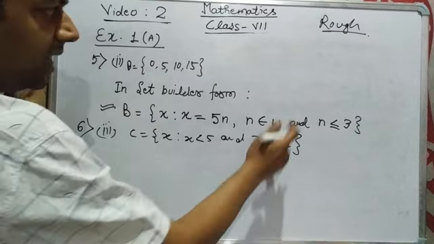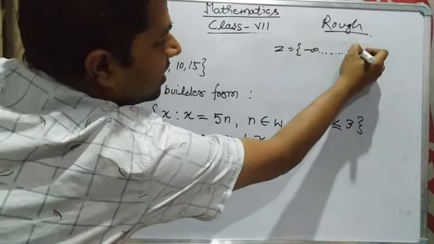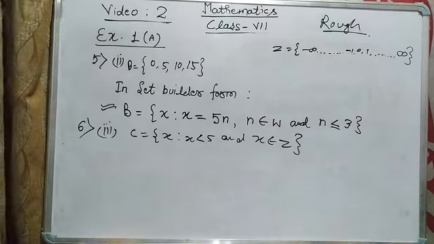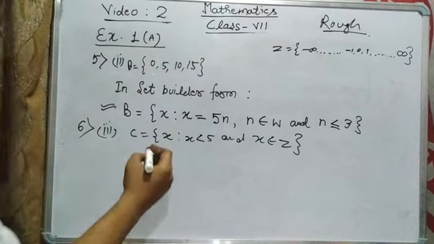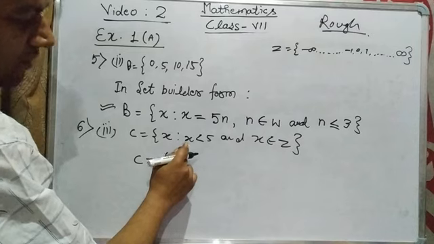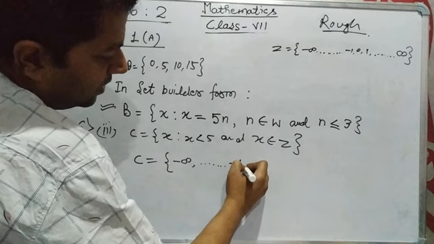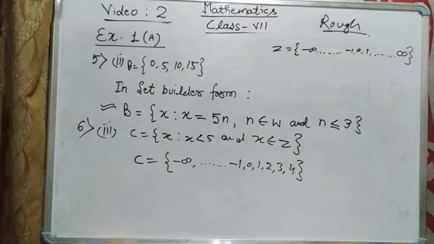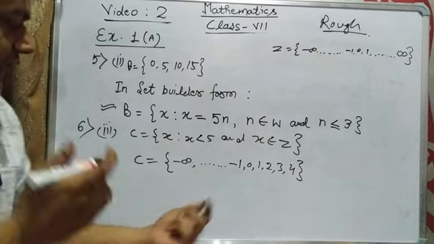Z means all integers: minus infinity dot dot dot, minus 1, 0, 1, dot dot dot, infinity, infinite on both sides. So C is less than 5: dot dot dot, minus 1, 0, 1, 2, 3 and 4. Stop. So it is infinite.